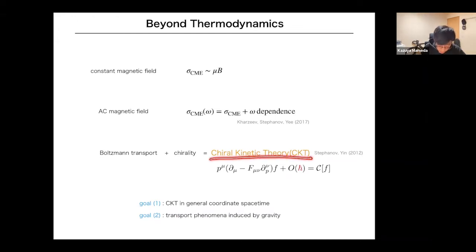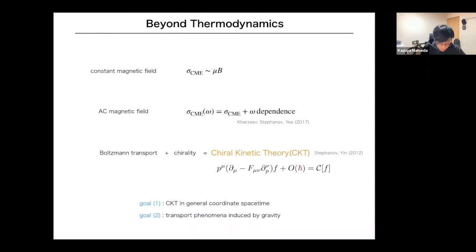And this is just the Boltzmann transport theory involving the chirality of the fermion. For example, this is a classical part of the Boltzmann transport theory, but if you go to the semi-classical theory, we need to involve some quantum correction part like this.